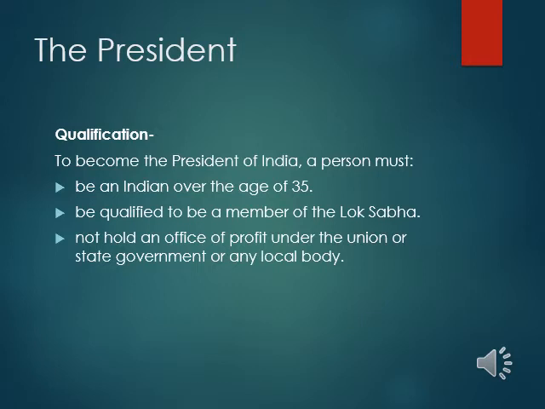It means the membership of Lok Sabha is compulsory. He or she should not hold an office of profit. Office of profit means, in simple words, he or she cannot do any job or business, or be a member of any political party under the union or state government or any local body.